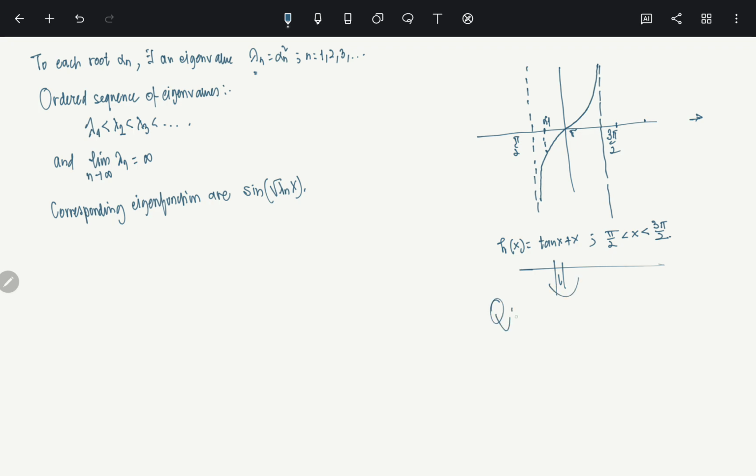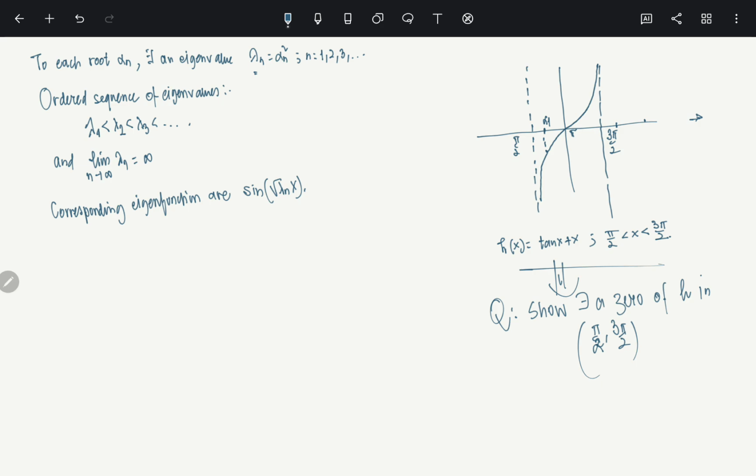This is a question for you: show there exists a 0 of h in pi by 2 and 3 pi by 2. I hope this is not very difficult for you to show. This is just the intermediate value theorem, since this is a continuous function.